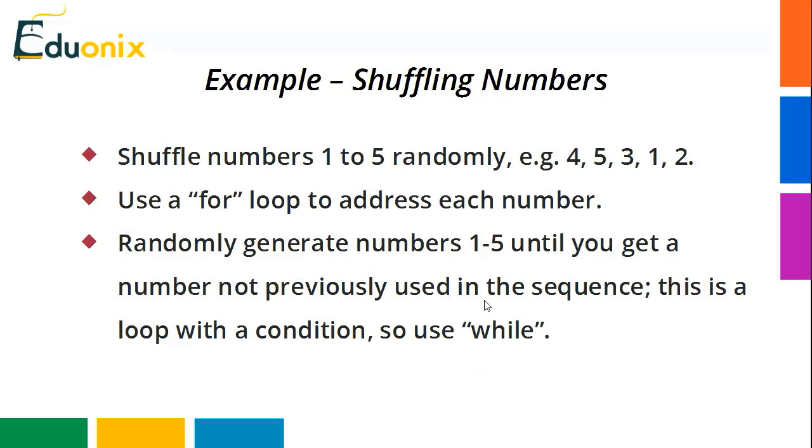So let's have a look at an example of using while loops. And the example I'd like to show you is how to shuffle 5 numbers randomly. So the way I'm going to do this is to use a for loop to go through each number one at a time, and then for each number I'm going to randomly generate a number between 1 and 5.